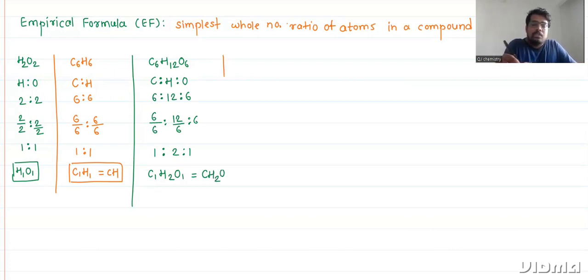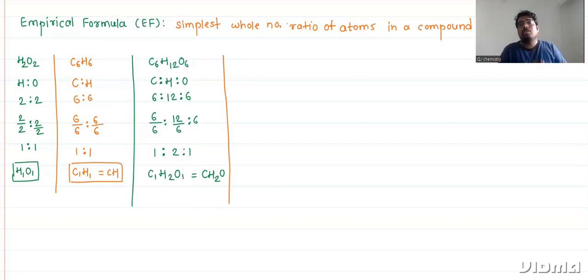Now, what is the relation between the empirical formula and the molecular formula? Let us take the example of hydrogen peroxide only, so we can easily determine the relation.